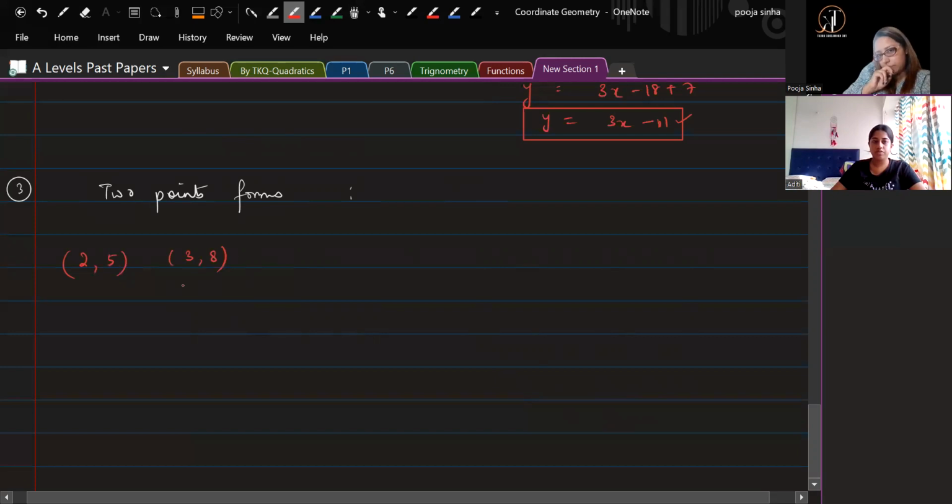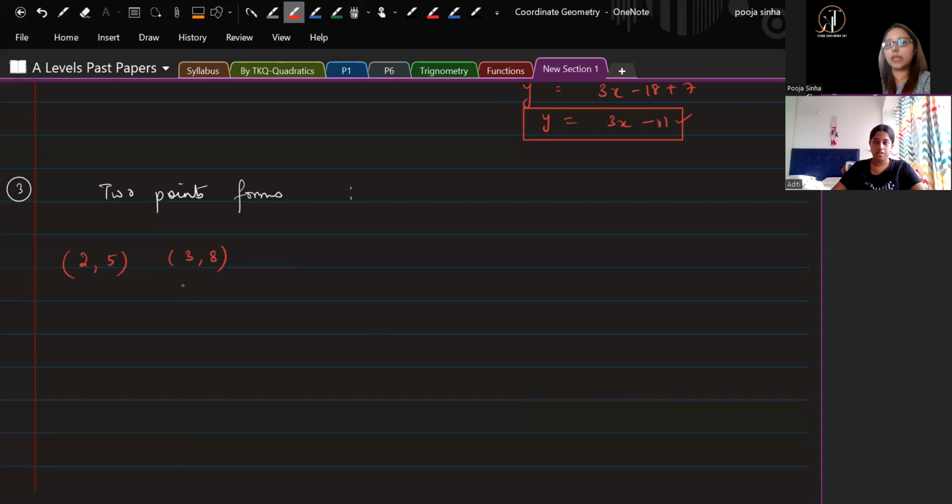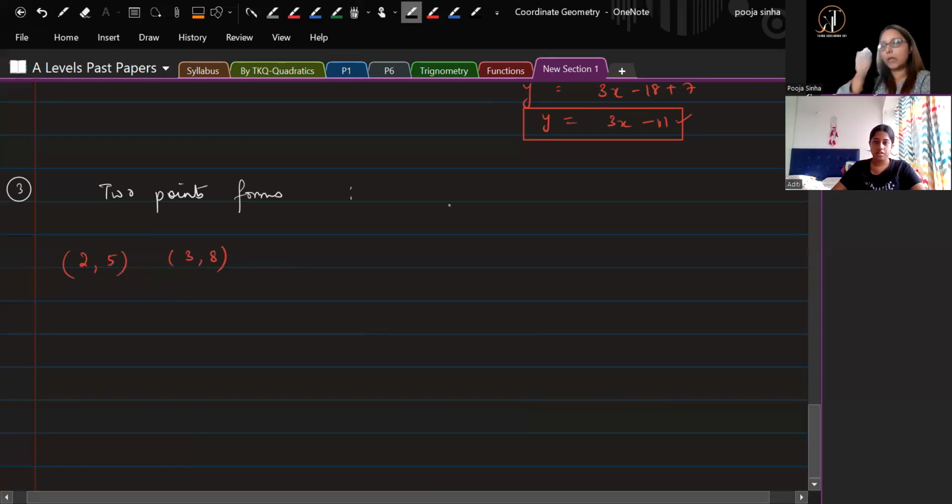We have neither the slope nor the y-intercept. One way is that with two points A and B given, I can find the gradient. M is equal to y2 minus y1 upon x2 minus x1, so 8 minus 5 upon 3 minus 2. 8 minus 5 is 3, 3 minus 2 is 1. So M is equal to 3.